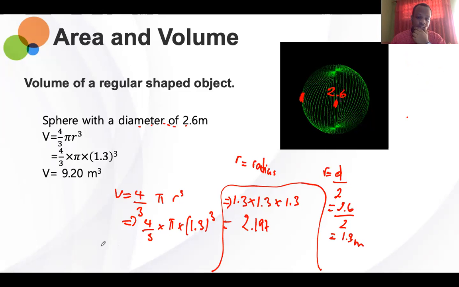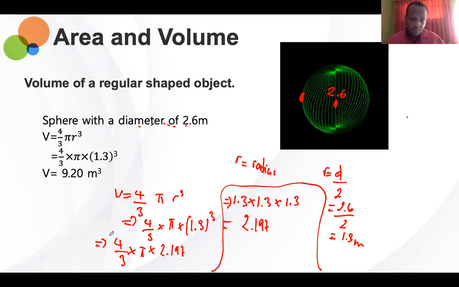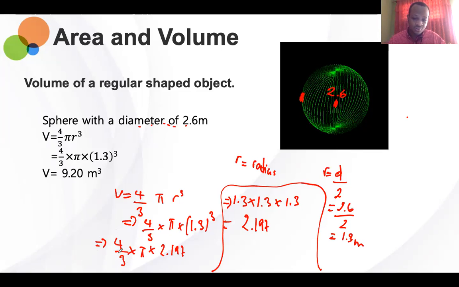Yes. So we plug that in now into our equation. So we have 4/3 times pi times 2.197. Now, could somebody work this out for me? Is that possible? Yes, sir. So let's try to work this out.